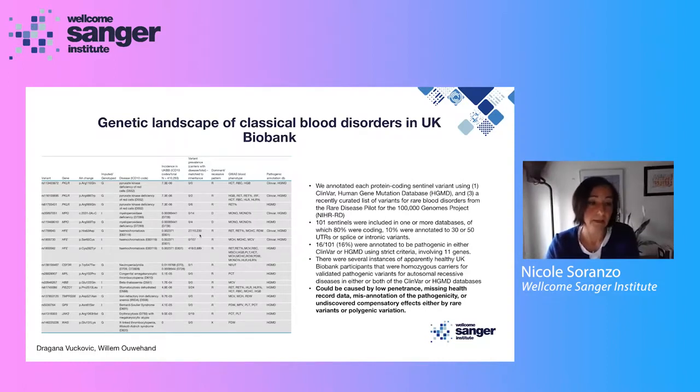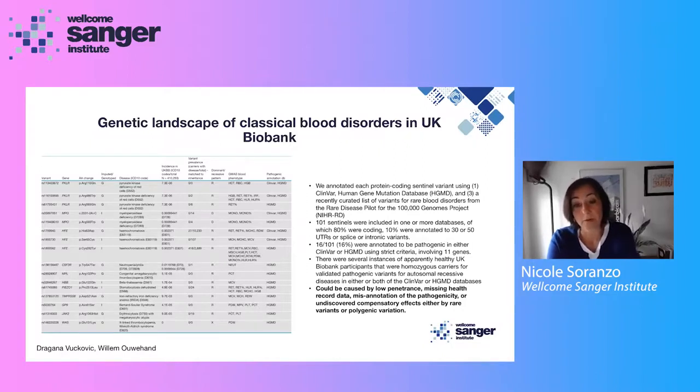UK Biobank study participants by effectively scoring genetic variation coming from SNP arrays and intersecting them with the main disease databases, including ClinVar, the Human Gene Mutation Database, and also a recently curated list of variants causative for rare blood disorders from the Rare Disease Project of the 100,000 Genomes Project.